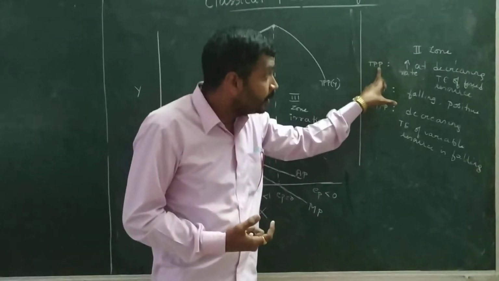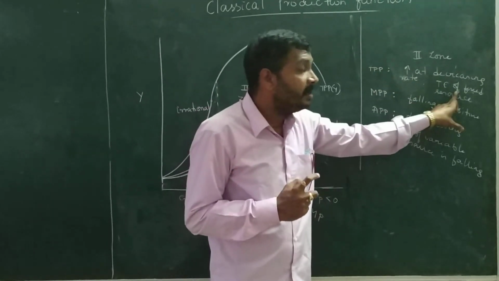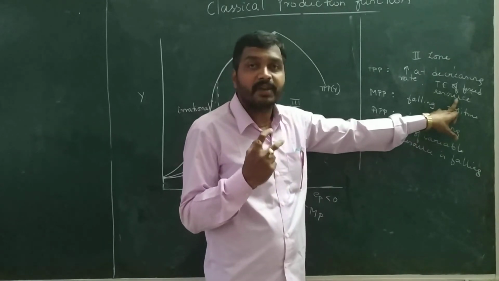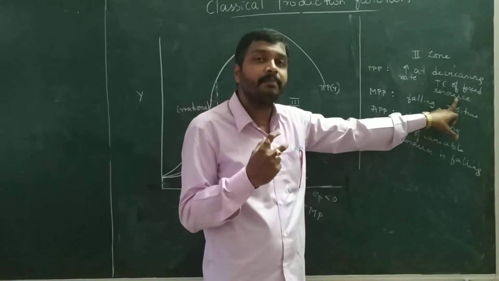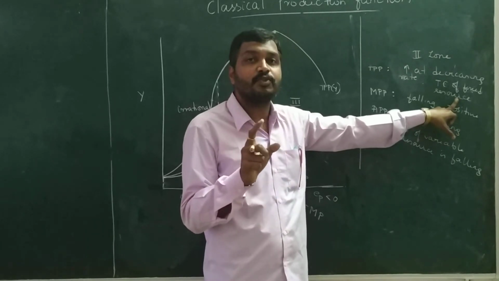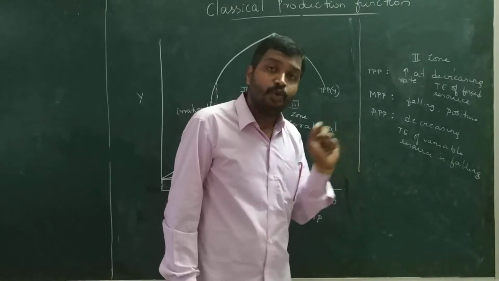But if we look into the TPP, what does it indicate? Still, the potential of fixed resource is not yet tapped. How best can we tap the potential of fixed resource? We can tap it only through application of variable resource.